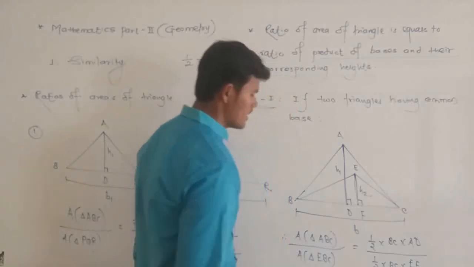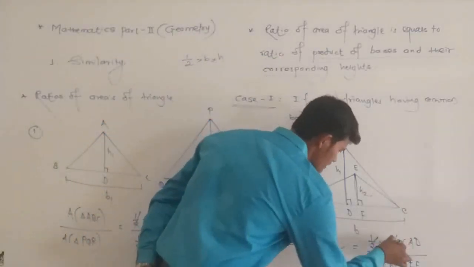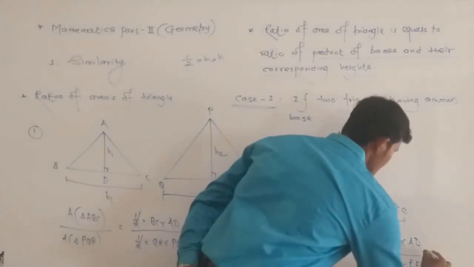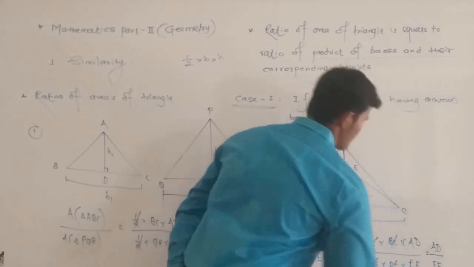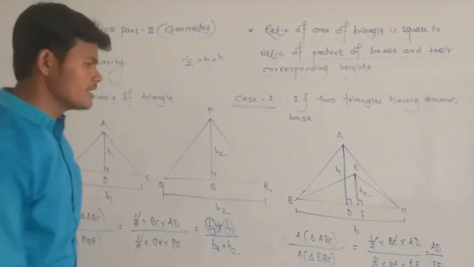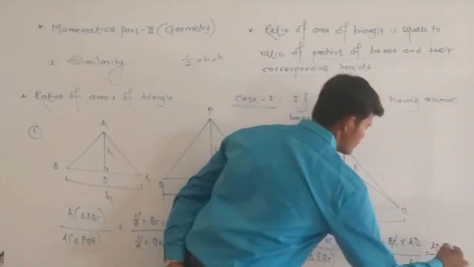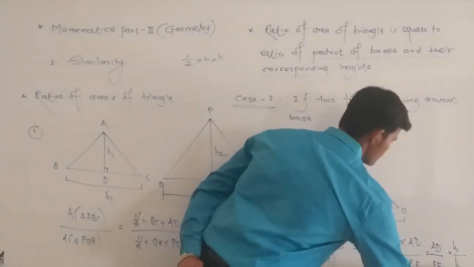In the ratio, the same terms will get eliminated. So the half gets cancelled. Here BC and BC also get cancelled. So we get only AD upon EF. This statement can also be written as: AD is nothing but H1 and EF is nothing but H2.